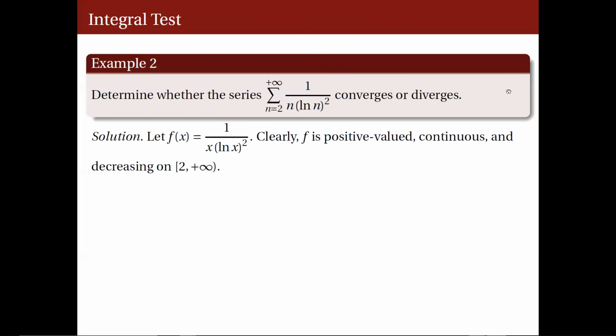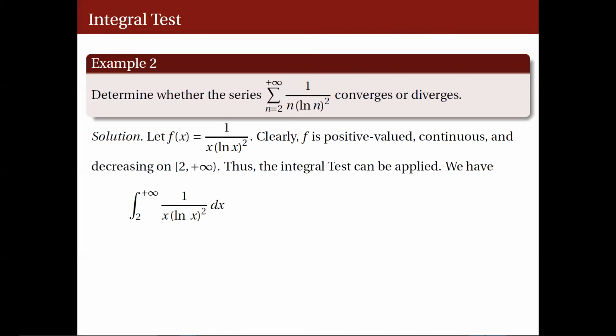Madali lang ulit ipakita na f ay positive valued, continuous, at decreasing on the interval 2 up to infinity. As an exercise, subukan niyong isulat ito ng maayos, kagaya nung ginawa natin sa naunang problem kanina. Pagkatapos nitong conditions, pwede na natin gamitin ang integral test.